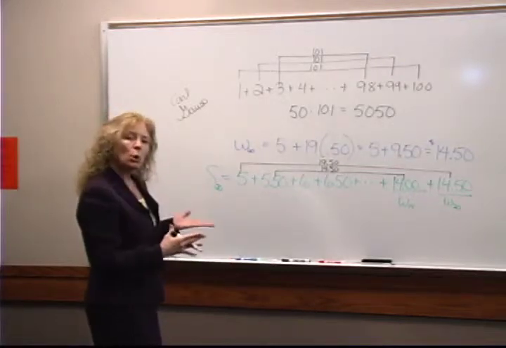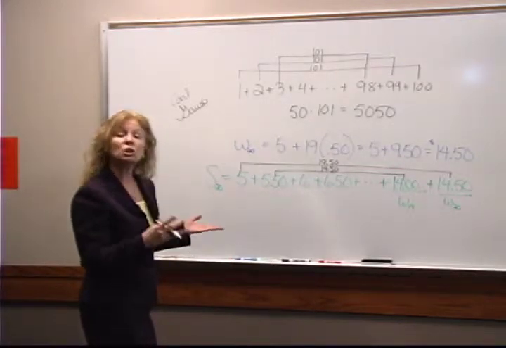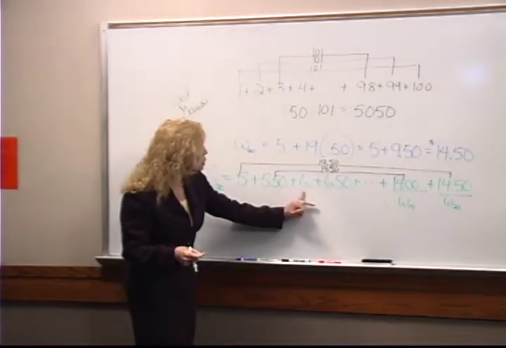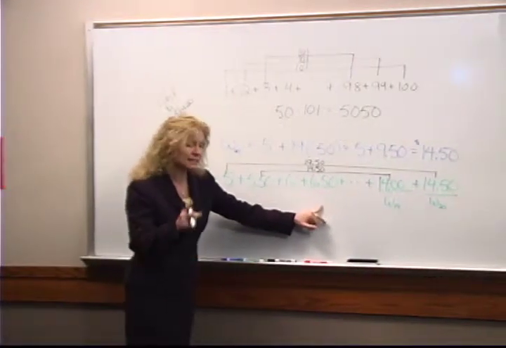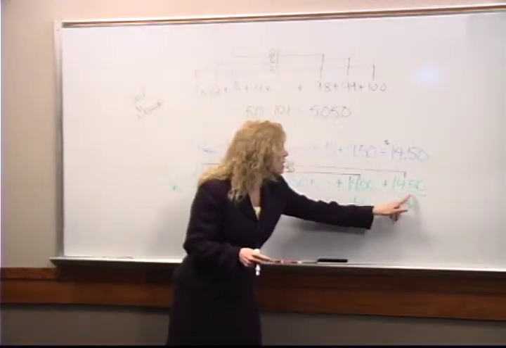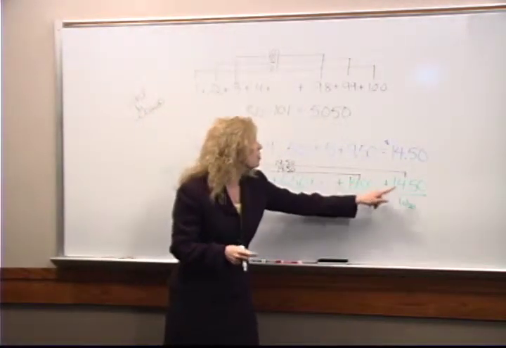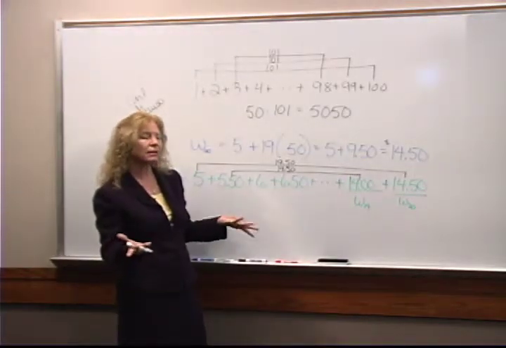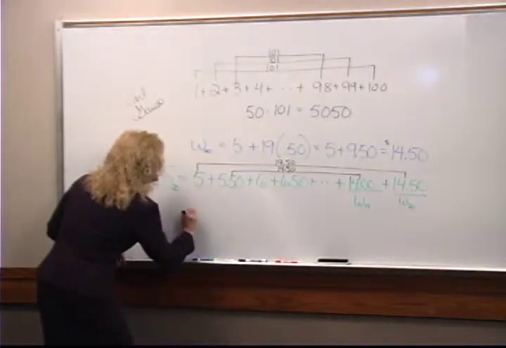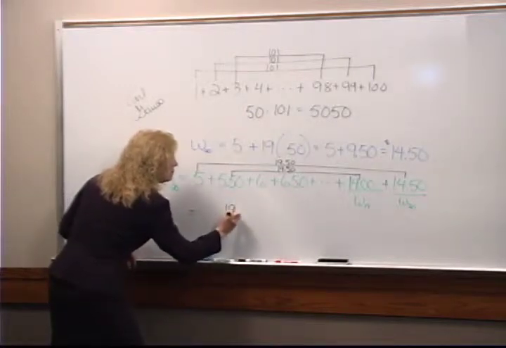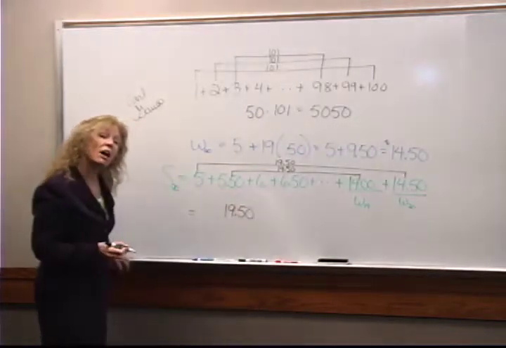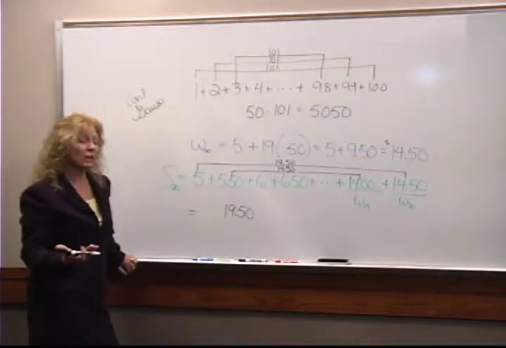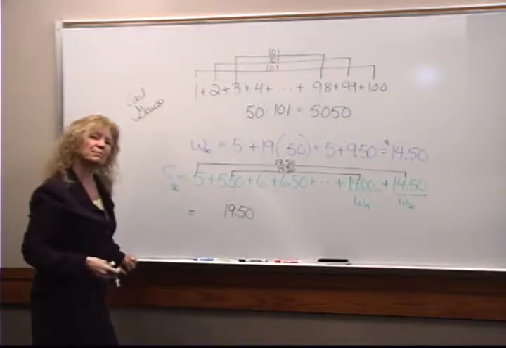Is this just a coincidence? Well, no, because each of these numbers is increasing by 50 cents. But meanwhile, coming from the top down, they're all decreasing by 50 cents. It has to happen. Okay, so that means that they're adding up in pairs to $19.50. So all I need to know is how many pairs.